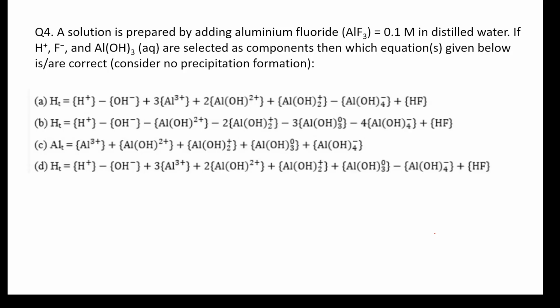Coming to next question. Okay, so aluminum, we are adding aluminum fluoride in distilled water at the concentration of 0.1 molar. If H+, fluoride, Al(OH)3 are selected as components, then which is the adequate equation which will give where there is no precipitate formation? Okay, so please solve this. This is from the previous one.